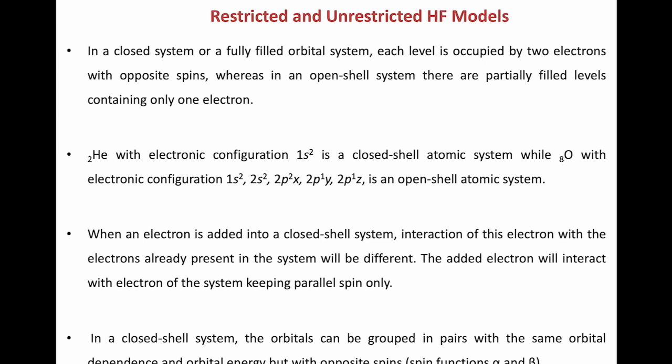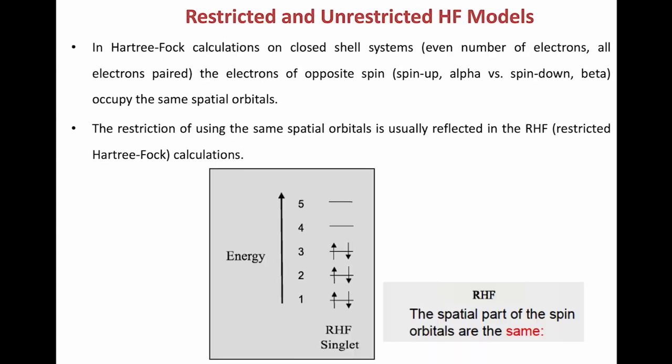Spin functions are known as alpha and beta. So, we can say that in Hartree-Fock calculations on closed shell systems, meaning an even number of electrons, all electrons paired, the electrons of opposite spin, spin up alpha versus spin down beta, occupy the same spatial orbitals.